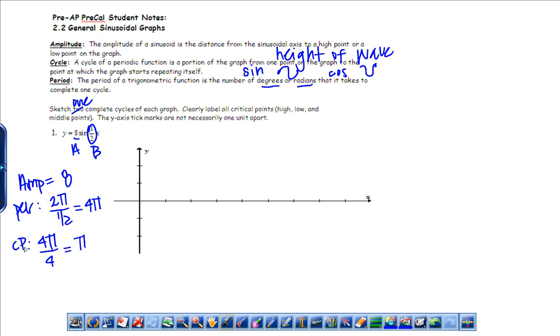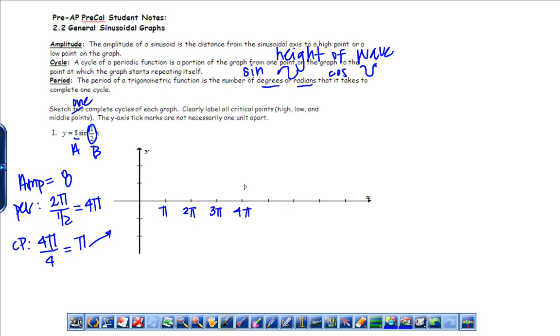My critical points are basically those are my dots, okay? So I'm going to start here at 0, and I'm going to do a critical point of pi. So this is pi. My next one is going to be 2 pi, 3 pi, and so on.